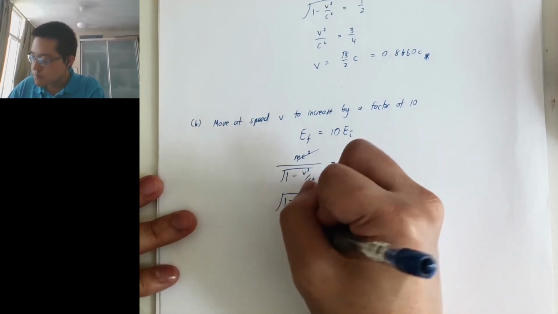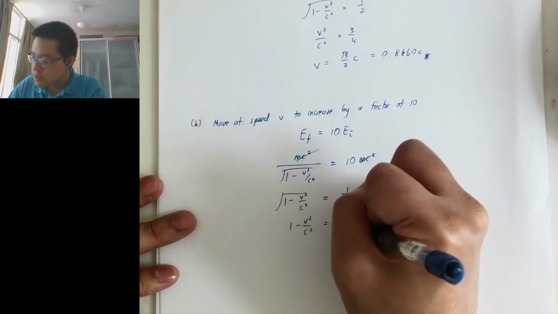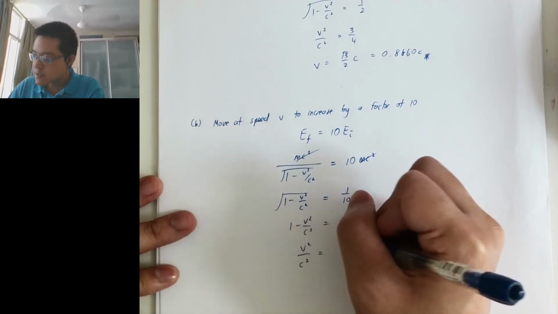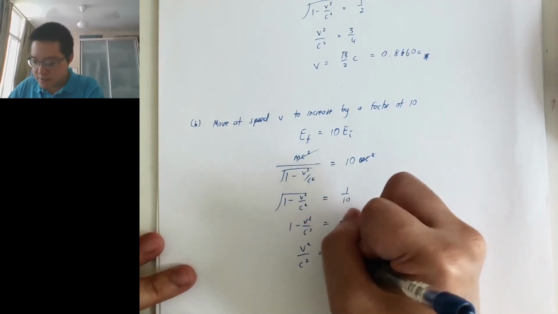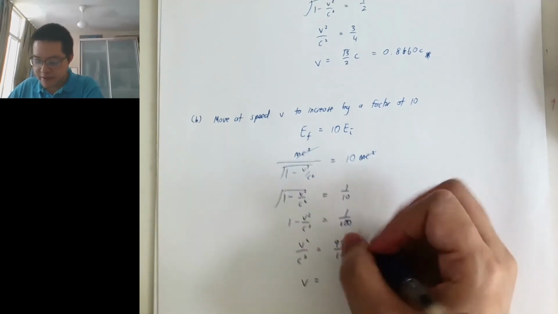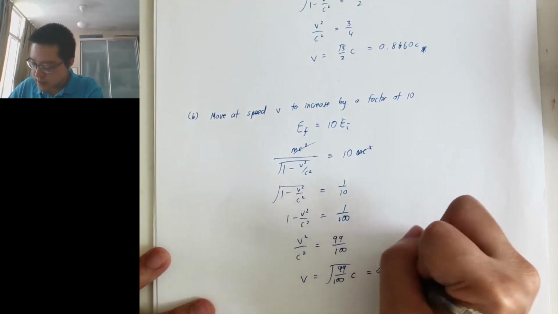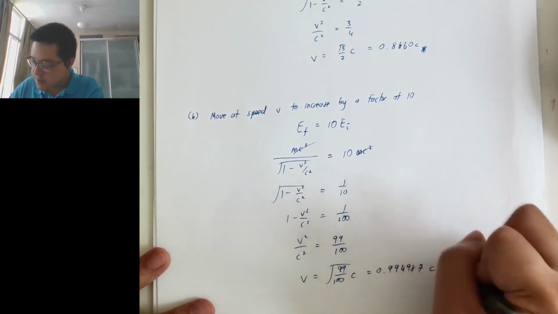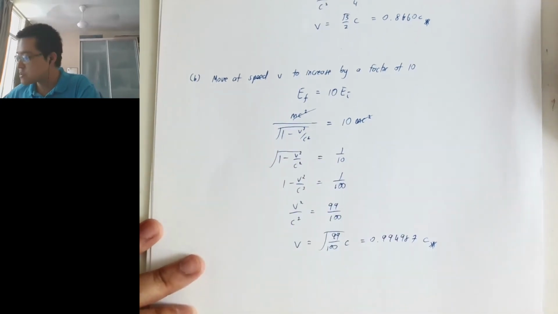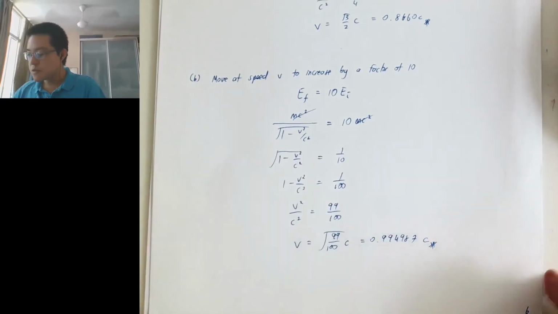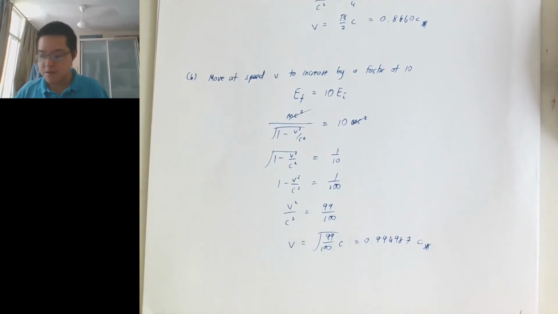So 1 minus v squared over c squared is 1 over 100. V squared over c squared is 99 over 100. Just simplify, so it's root 99 over 100 c, so it's 0.994987 c. So this is the speed that you need to run to increase your energy by a factor of 10. Again, all this involves very, very high speed, and special relativity effects only come in when you have very high velocities.